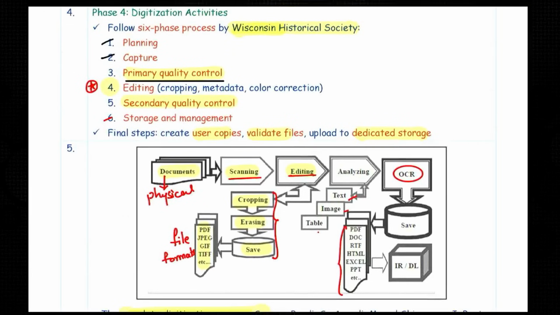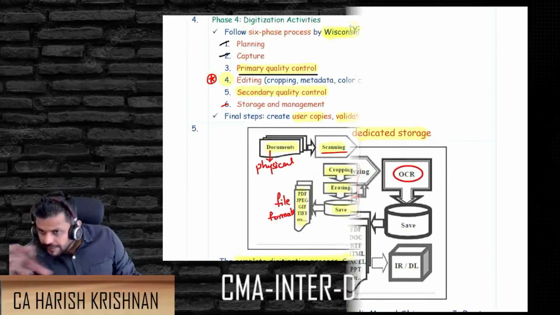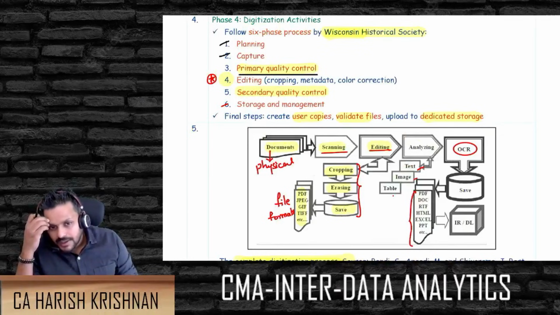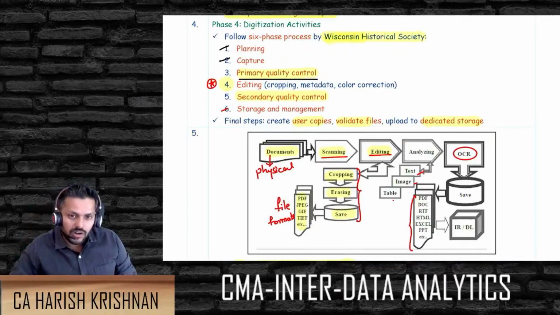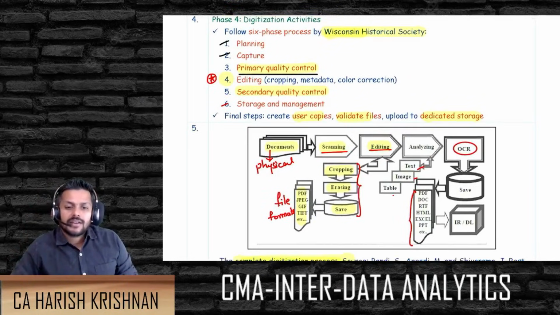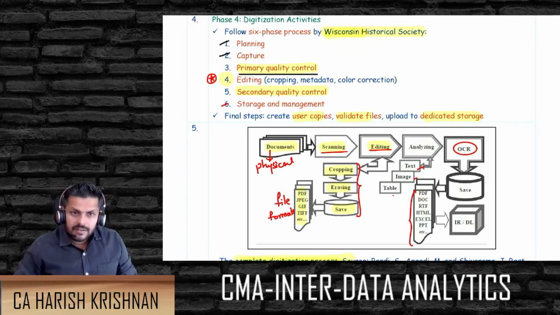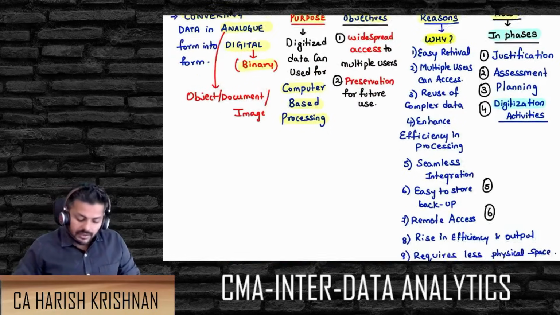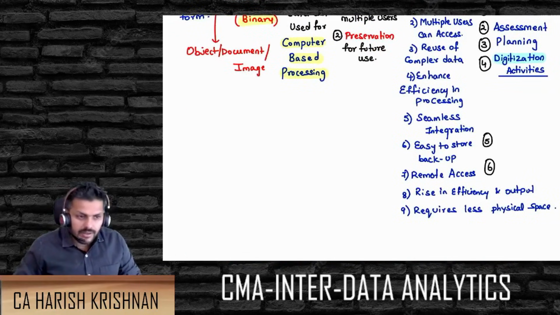That's an extension to that phase 4. So phase 4 is the most important and critical phase where all the digitization activities are taking place. Planning, capture, quality control primary, editing, then quality control secondary, and finally storage. All these are very, very important aspects, right? Because if you miss even one, it will not fruitfully result in anything.